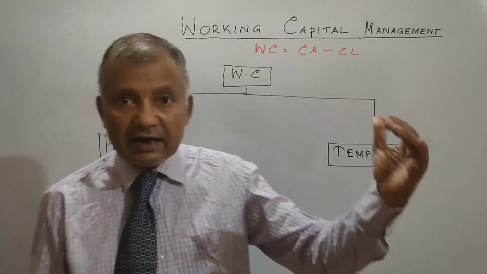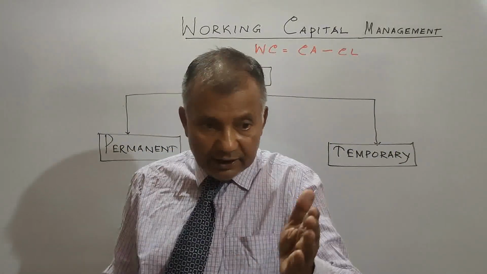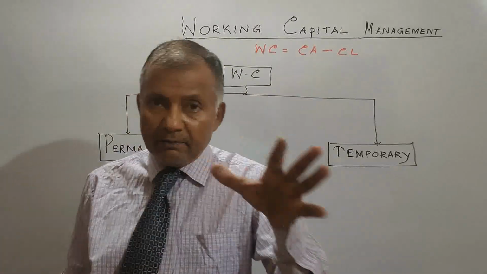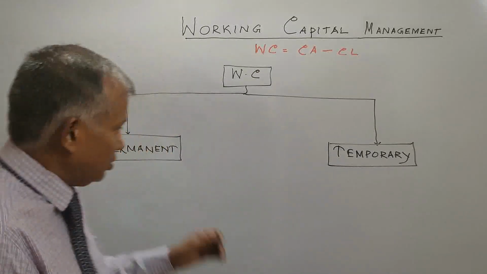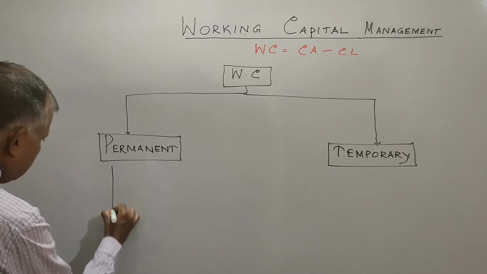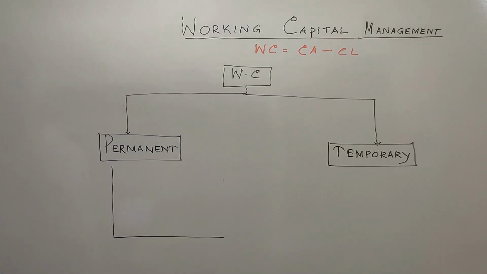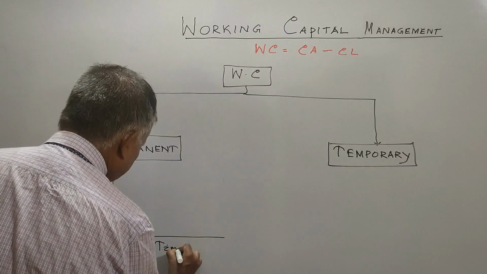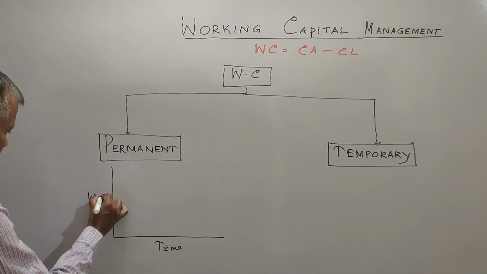Suppose a business started activity with 5,000 units. It increases activity to 15,000 units. So permanent working capital will also increase. So let us draw a graph. If we start with a graph, this may be our time, and this is your working capital.